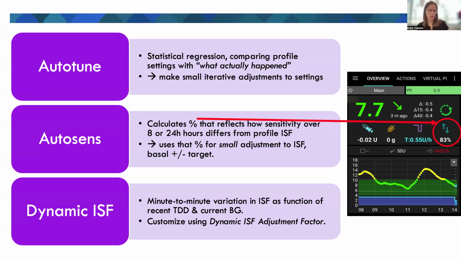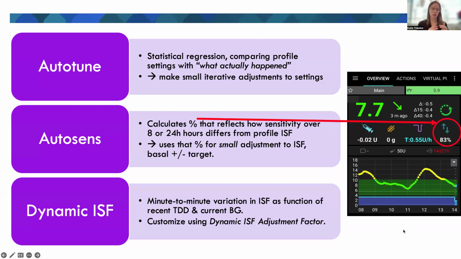And so we're running at 83%, and AutoSense can make small adjustments to ISF, basal and/or target, depending how you configure, and it can do that reflecting sensitivity over 8 or 24 hours. It will only do relatively small adjustments here, but the user can see it right there on their home screen where they're sitting with their AutoSense with this up-down arrow.